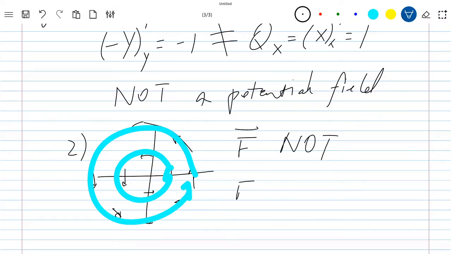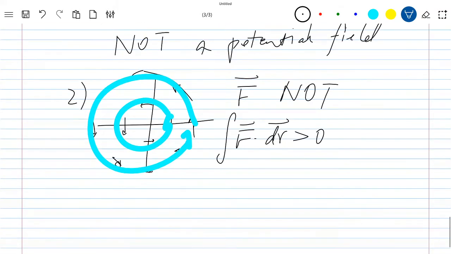You see F dot dr is positive, because F is parallel to dr at every point along the curve. So if you integrate, it's still going to be positive, and it's not 0. So it's not a potential field. Because we said that the potential field must have the loop integral to be 0. And this time the loop integral is not 0.